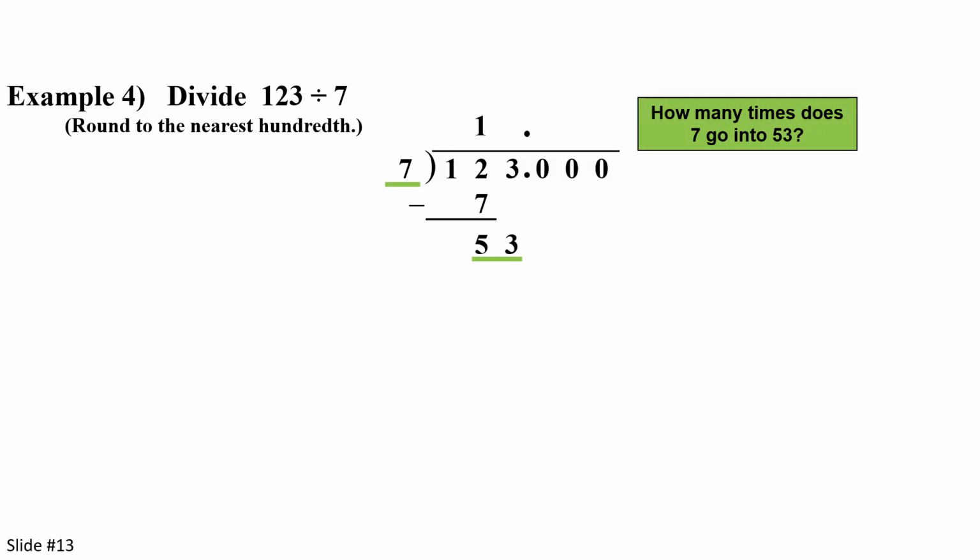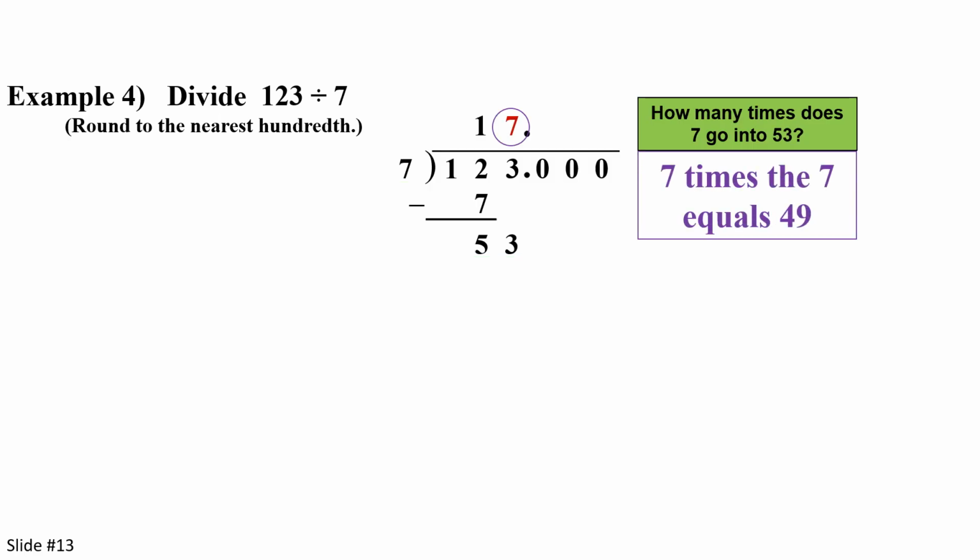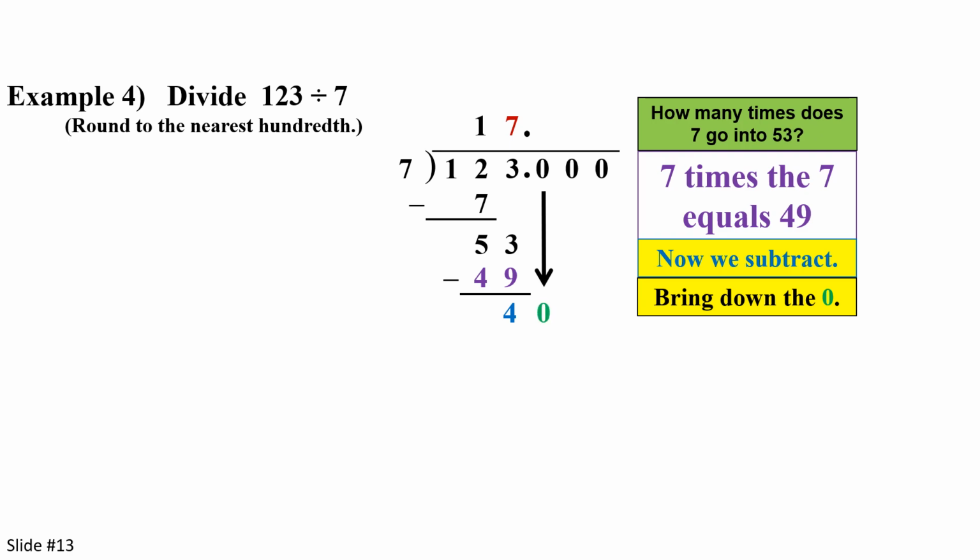So 7 goes into 53 7 times. 7 times 7 is 49. We subtract. Bring down the 0.